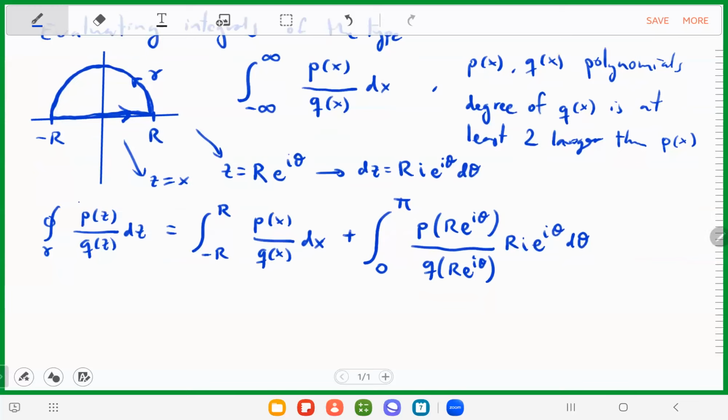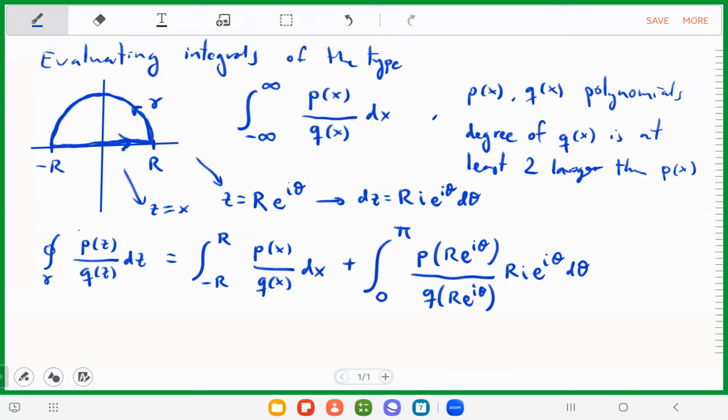Each line integral is an integral of a real variable, here x, here theta, and this could be done for any value of r, but we are interested in the limit when r goes to infinity, because then when r goes to infinity, this integral becomes this integral here. But yeah, the problem is what happens with this when r goes to infinity.